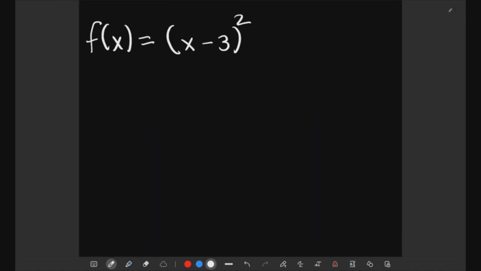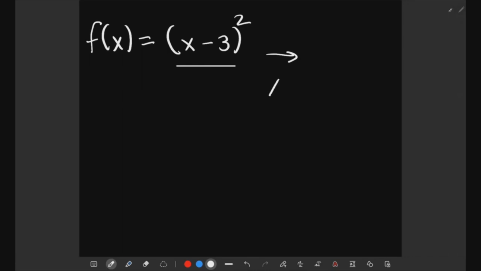Okay, so transformations get a bit tricky when you start to talk about the x. You see, what happens is, when you try to change the value for the x, you're kind of gonna do the opposite of what you think you'd do. For example, over here you see that there's a translation of 3 units, but it's gonna be 3 units to the right, even if it's negative right here.